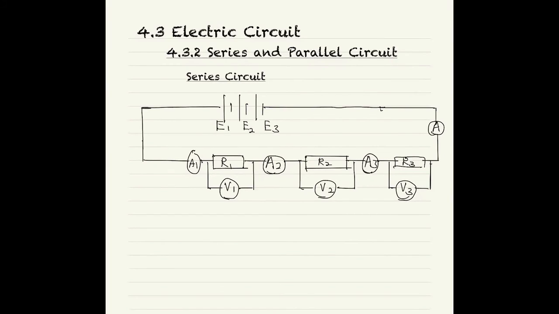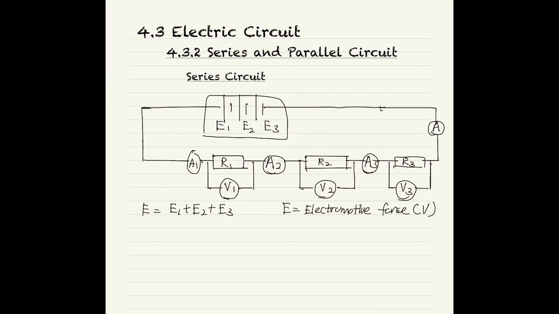For series circuit, E will be equal to E1 plus E2 plus E3. E is electromotive force, unit is volt. I total current equal to I1 equal to I2 equal to I3.